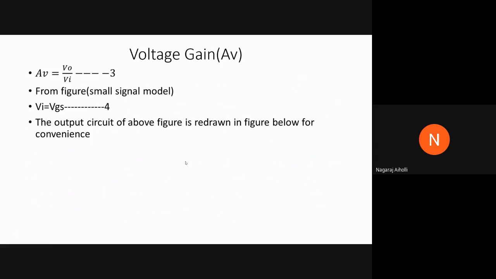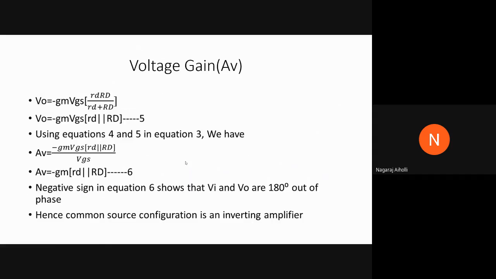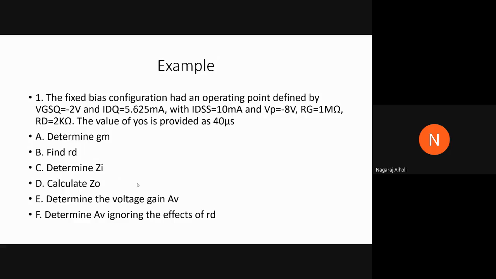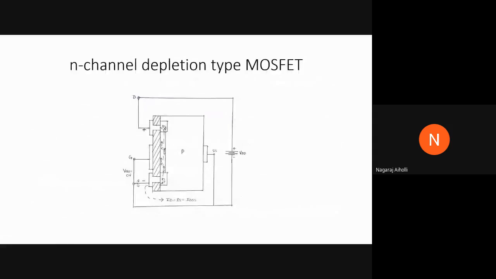Then we derived the equation for voltage gain AV, which is minus gm into small rd parallel capital RD. Then we solved an example on fixed bias configuration. And then we started a new topic, MOSFET. We have discussed the construction and working of MOSFET, in particular the N-channel depletion type MOSFET.